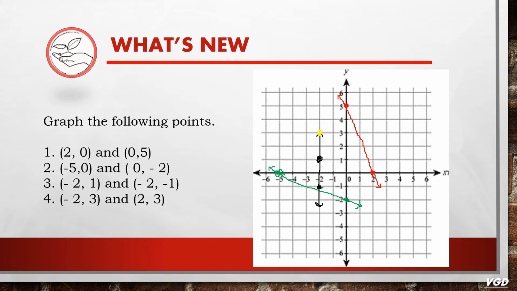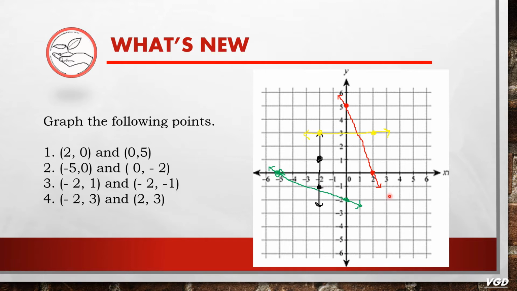We're going to the right this time since 2 is positive. Then from there, since y has a value, we're also going up. Alright. And then we connect the points and we will be able to form a horizontal line. So this time, we were able to have these 4 graphs.